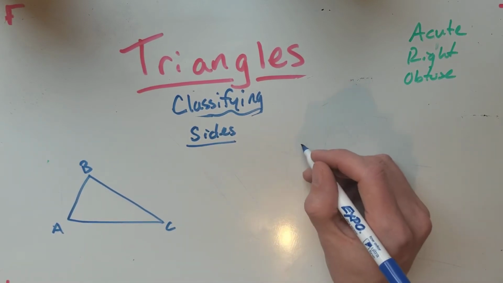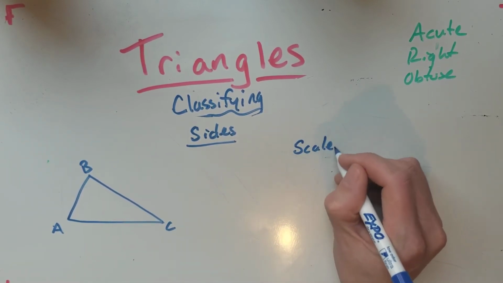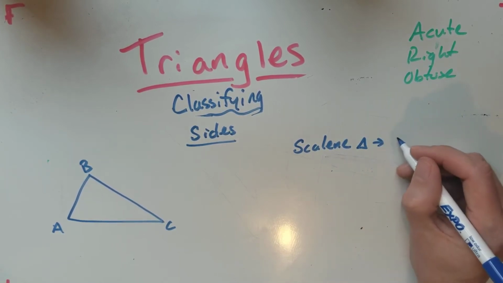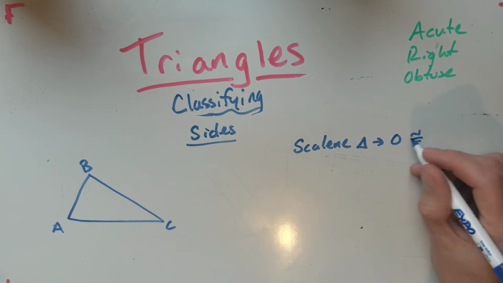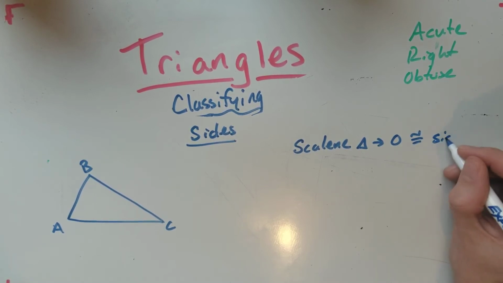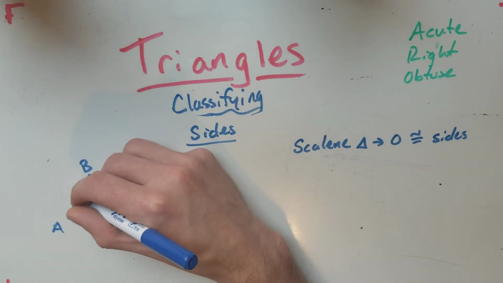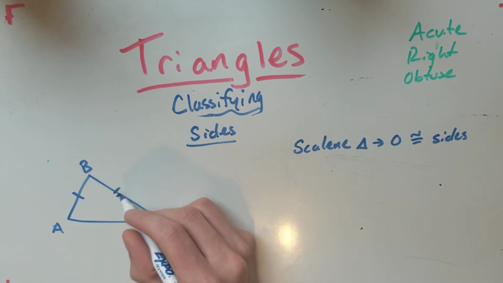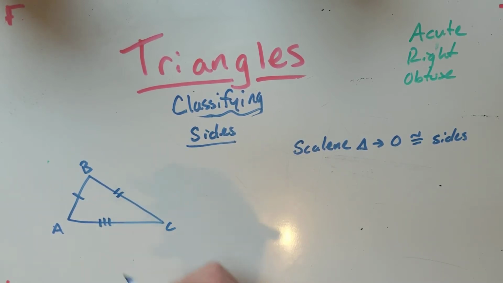We would call this a scalene triangle. That has 0 congruent, that's our symbol for congruent, sides. Now a way to mark this is you put these, what we call congruency markings. So if anything is congruent to this side, we put one marking, but since nothing is, we're going to put 2 markings here, 3 markings down here, meaning this is just saying they have different side lengths.